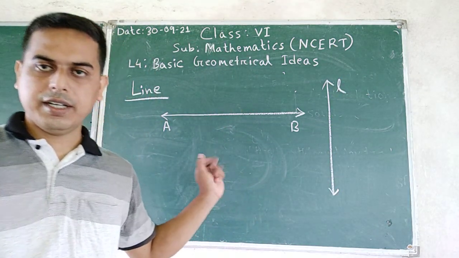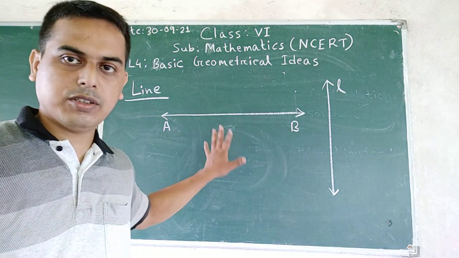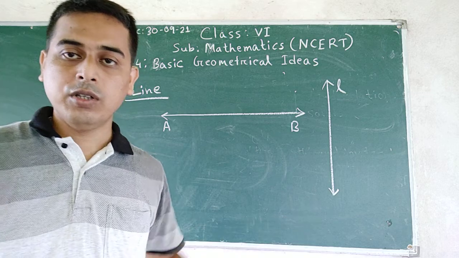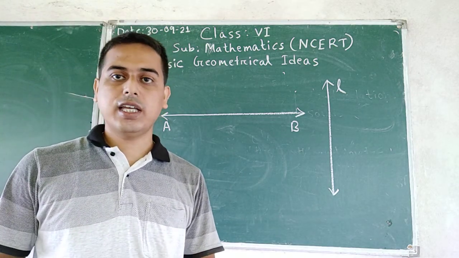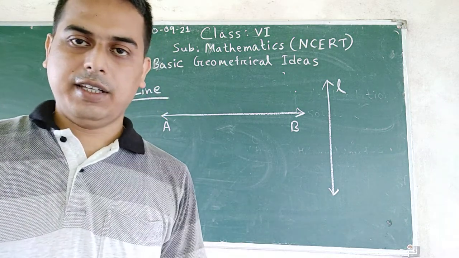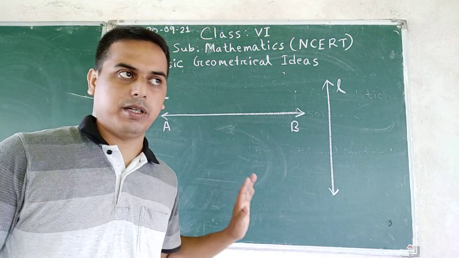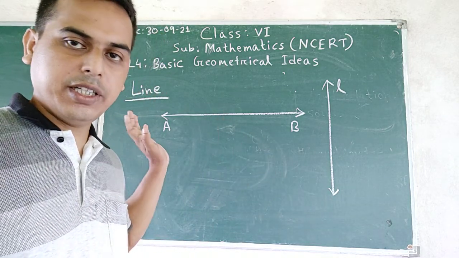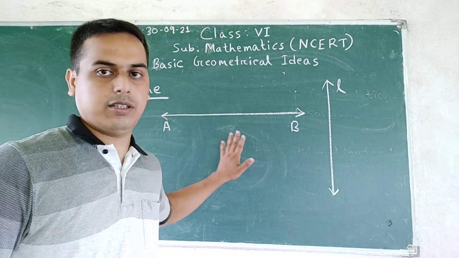You can see here, what I have drawn here is called a line. A line is a straight path that extends in both directions endlessly. It has no definite length. Remember, it extends in both directions indefinitely and it has no definite length.